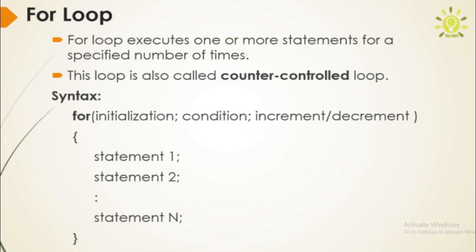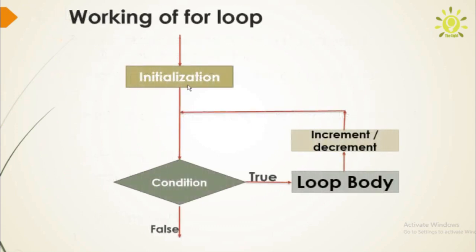Now the working of the for loop is: initialization, condition, loop body, and increment or decrement. You can see that the initialization part is executed once. Next the condition will be evaluated, and if the condition is true, then control moves into the loop body and executes all the statements.